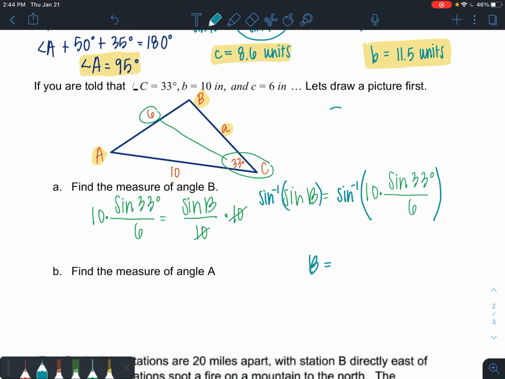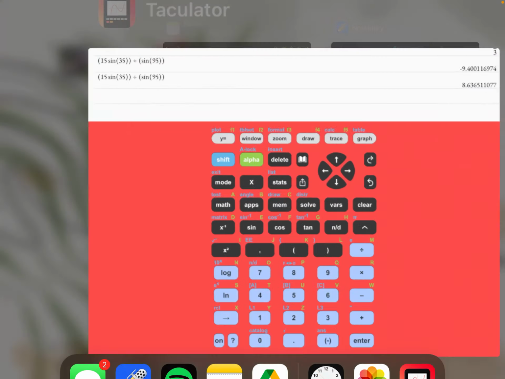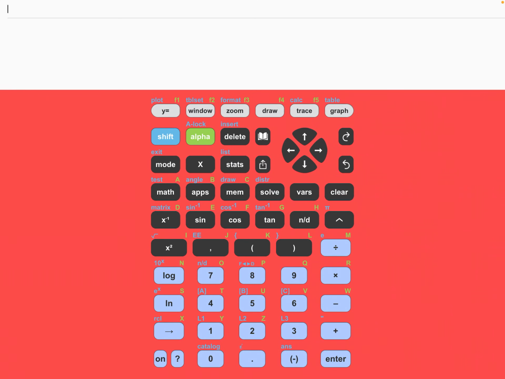So I'm going to type this in exact. So we've got sine, oh wait, inverse sine.